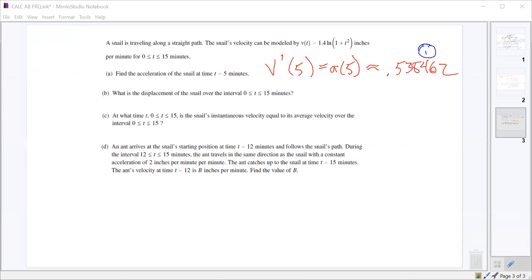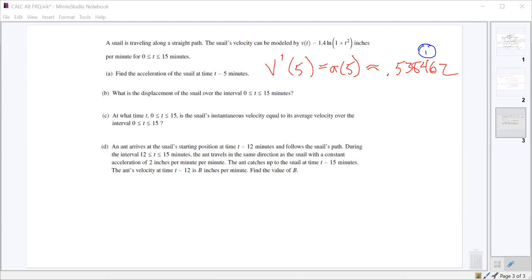Part B. We want to know what is the displacement of the snail over the interval 0 to 15. So if we're talking displacement, that's not total distance traveled. That's just the distance from where it started. How do you find displacement given a velocity function? You should know how to find displacement with a velocity function. You just have to integrate it, right?